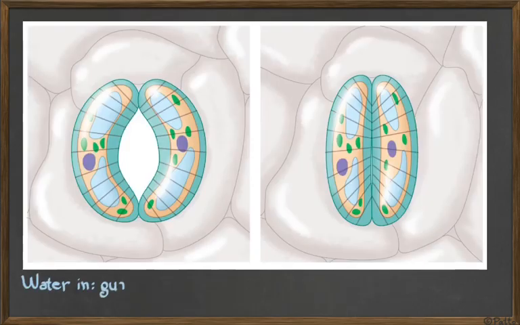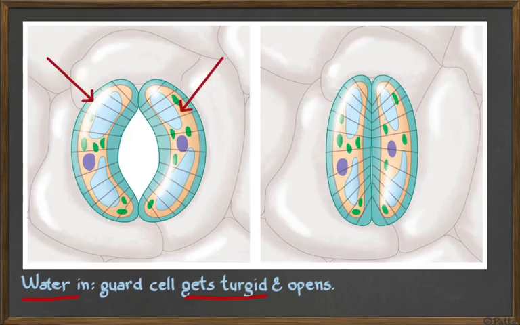Okay? Here we have the guard cells when they are turgid. Turgid means they are hard because they gained water. So if there's lots of water in the plant, it will push water inside the guard cells, and the natural shape of the guard cells when they are turgid and hard is to have this bean shape.